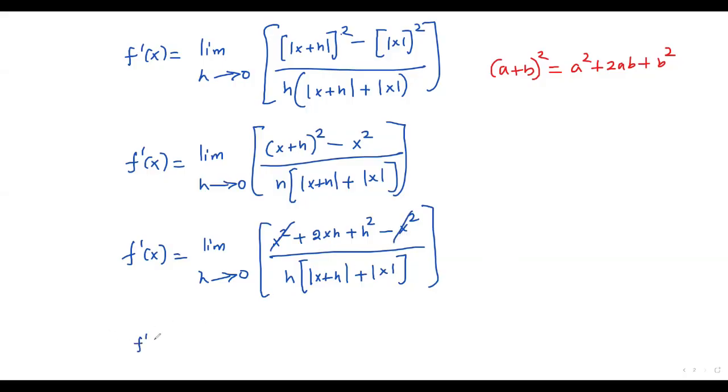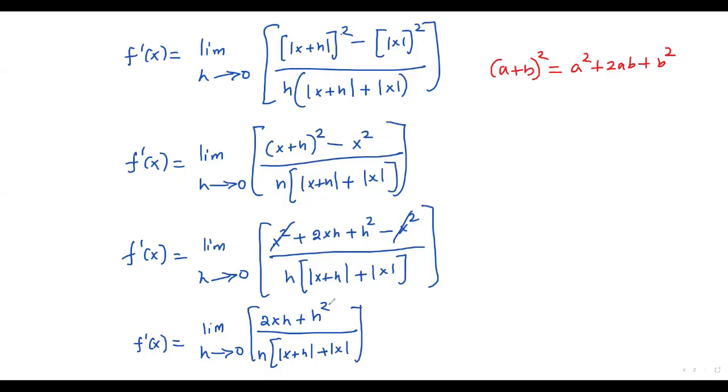Then I get f prime of x equals the limit as h approaches 0 of 2xh plus h squared in the numerator. In the denominator, we have h times the absolute value of x plus h plus the absolute value of x. Now we can factor h out of the numerator, because both terms have the greatest common divisor h.